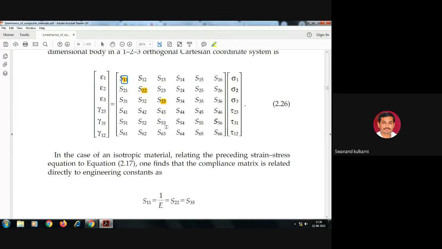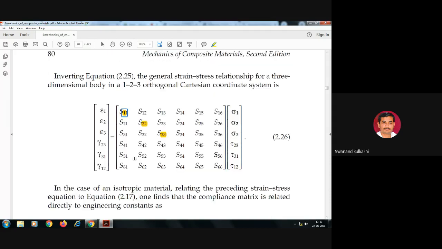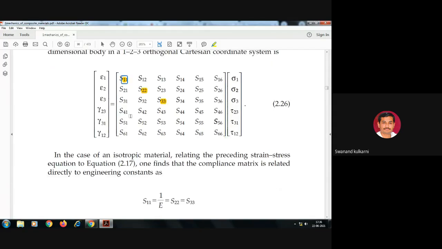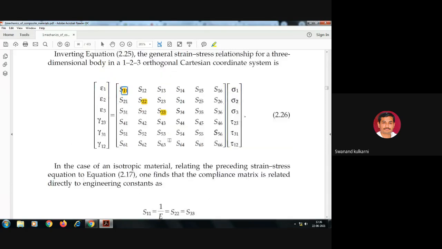These values are given as 1 upon E. Whenever we consider these diagonal elements, and the material is isotropic, the value will be 1 upon E only. But if the type of material changes, then it is not going to remain as 1 upon E.